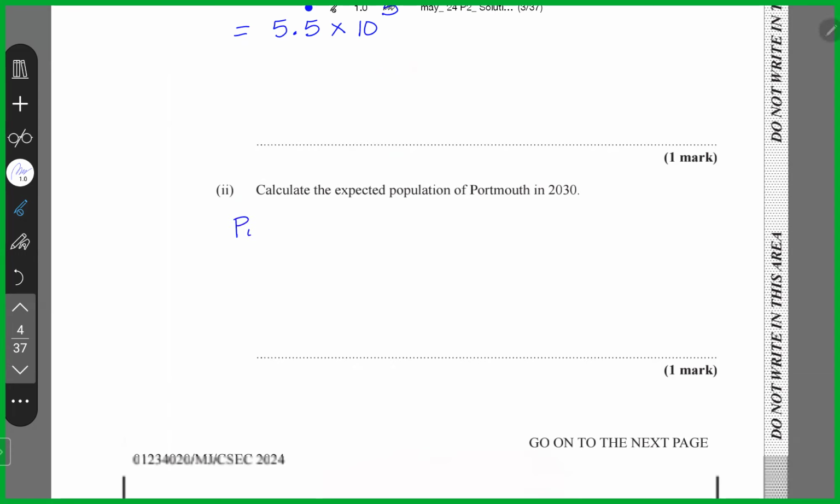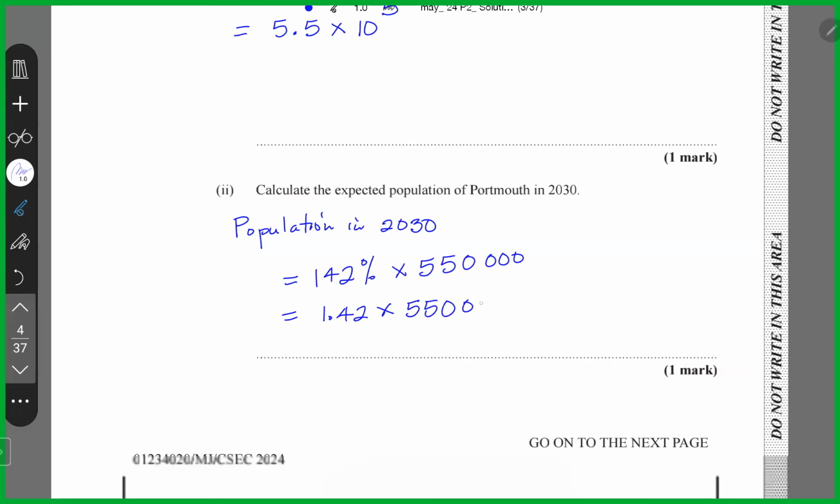So the population in 2030 would be 142% of 550,000. 142% is 1.42 as a decimal, times 550,000, and this becomes 1.42 times 550,000, and this is 781,000.